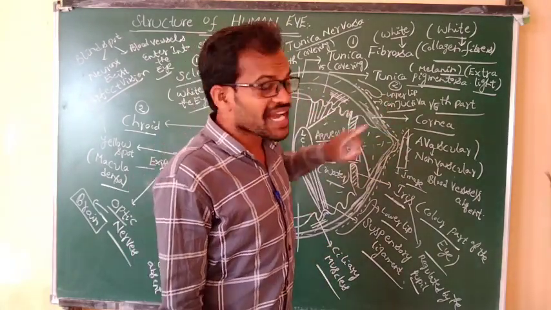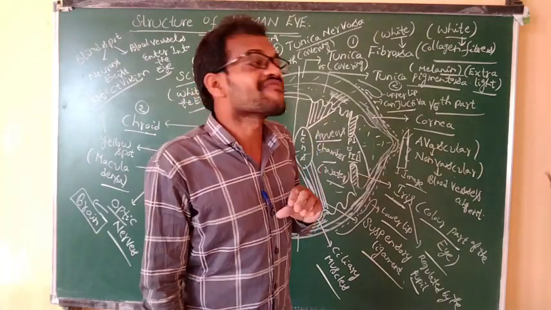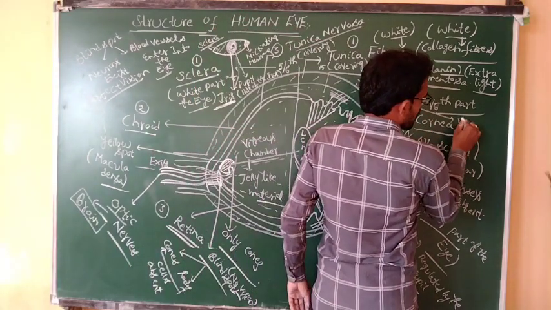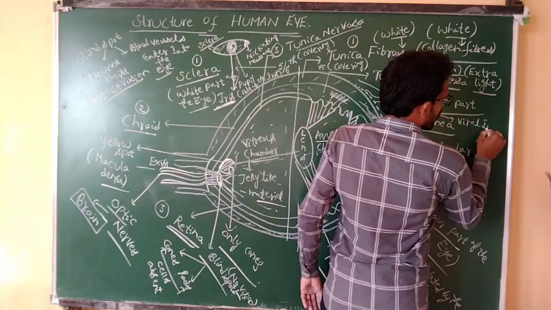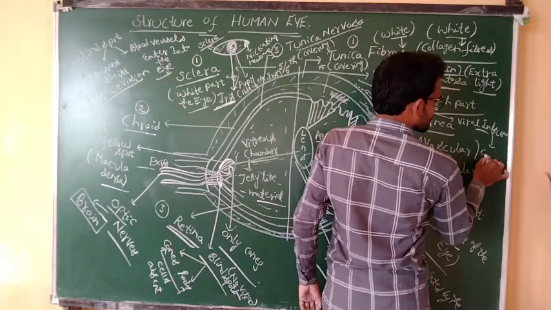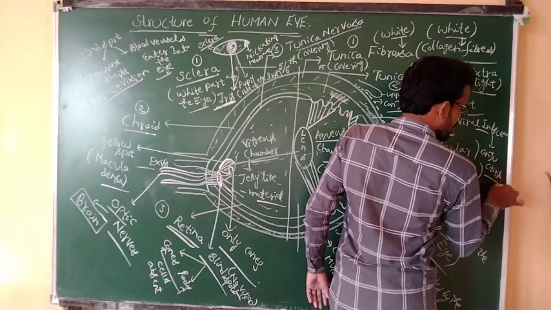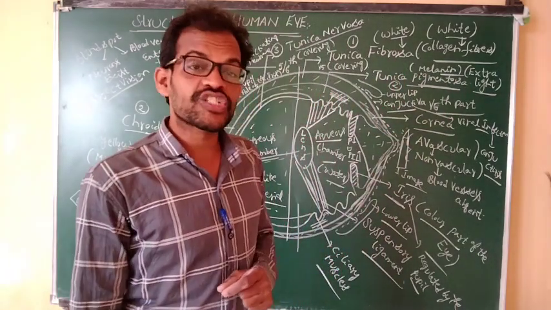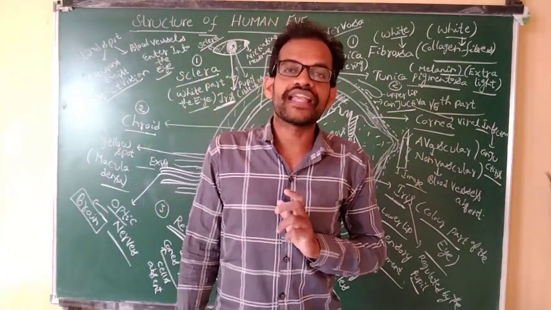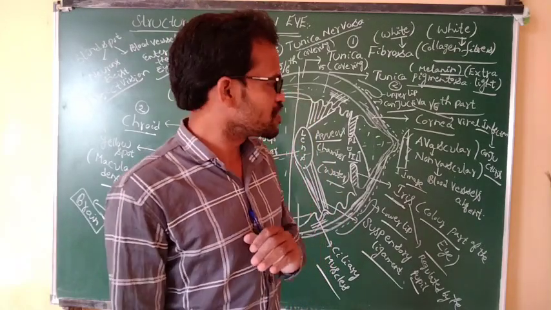Once the virus infects the conjunctiva, it is conjunctivitis. Itis means inflammation. Inflammation means redness of the eye, pain of the eye, and more heat produced in the eyes.